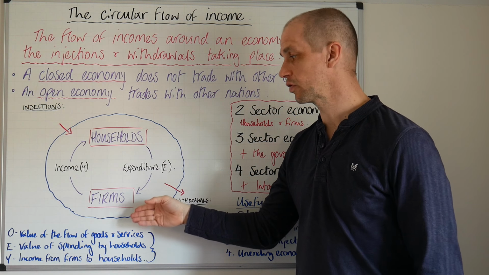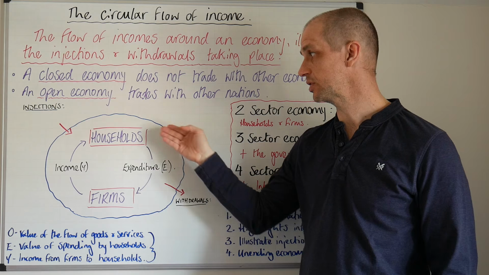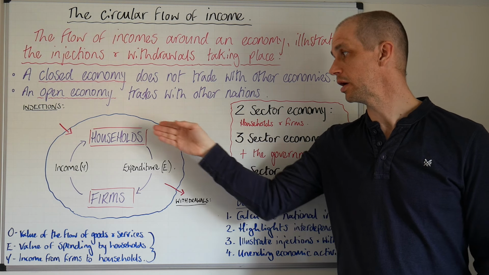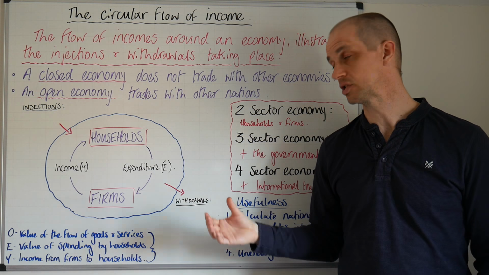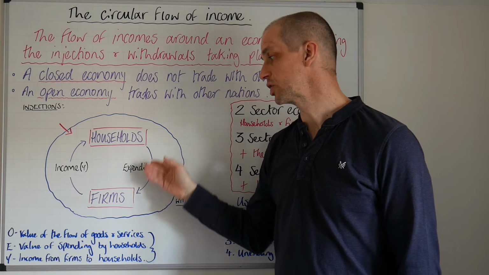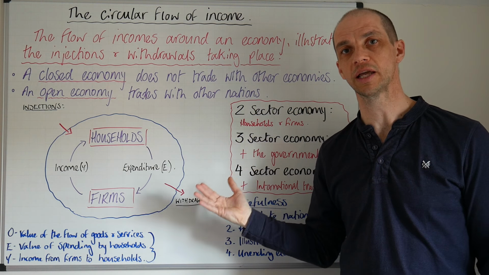Now, firms of course will provide goods and services to households, and in return households will conduct expenditure and consume goods and services that the firm has actually produced. So it's a reciprocal relationship.